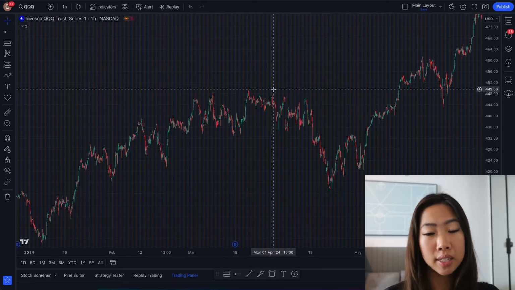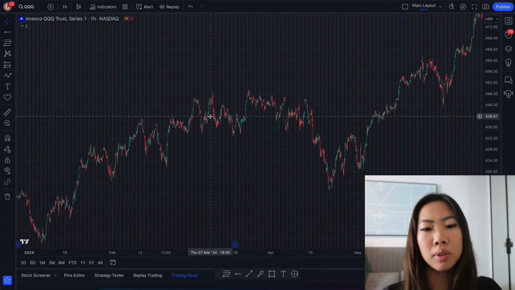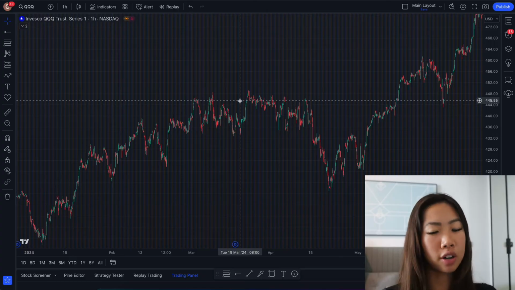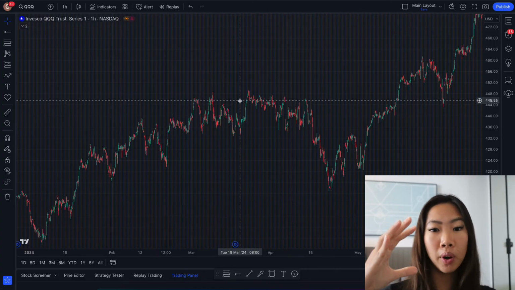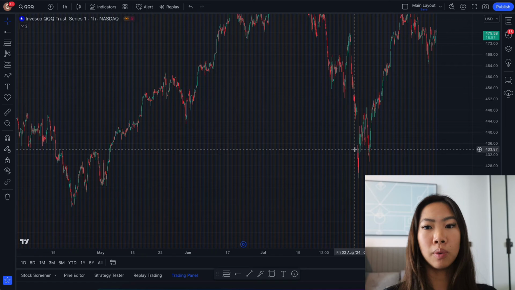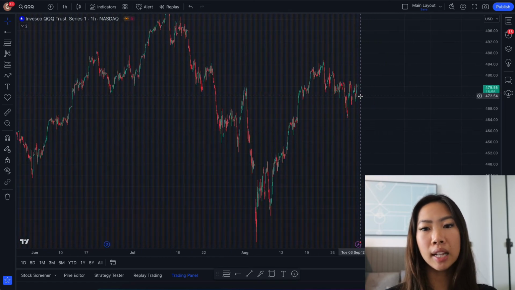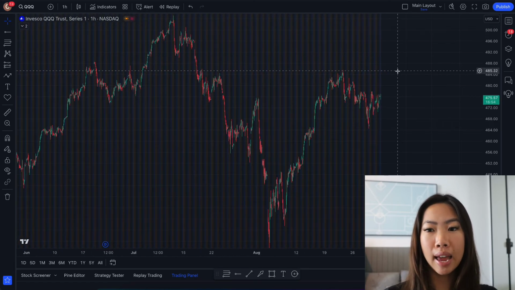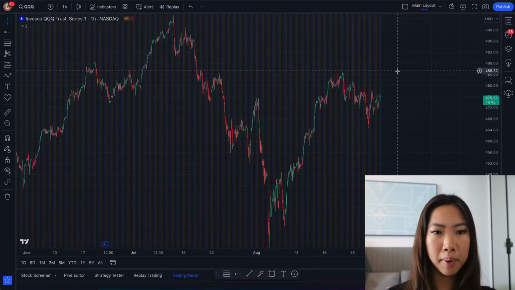It's just going sideways. In a sideways movement, you typically won't see very clean market structure. It could look bullish at one point, it could look bearish. So something like this, I would say, is a little messy. And when it's like that, the market structure may not be as precise, and it may be a little harder to determine, is price bullish or is it going to be bearish?